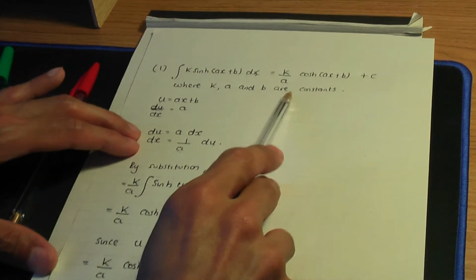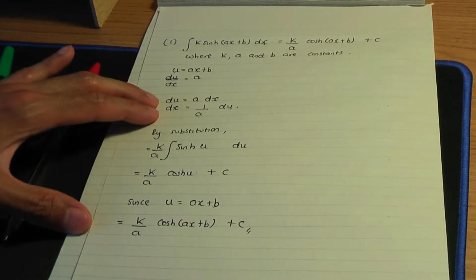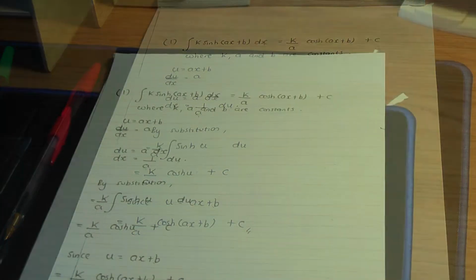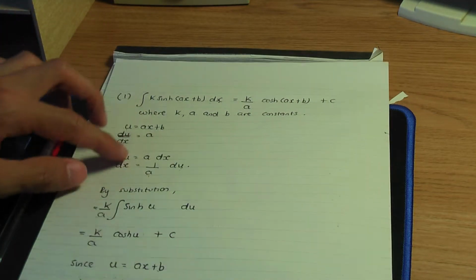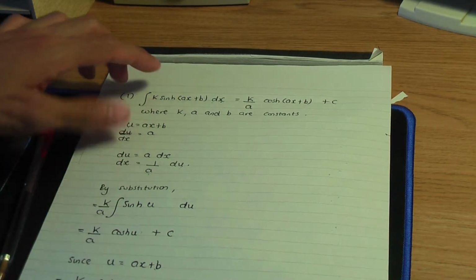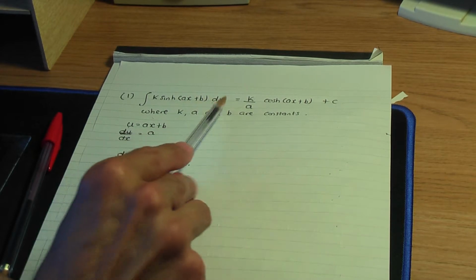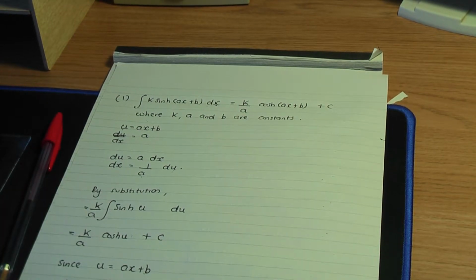So that is how that result comes about using substitution. I'm not going to prove the remaining results using substitution, I'm just going to quote them. But in order to prove them, remember, these are the steps. You need to use substitution and take u to be ax plus b, and go through the method of substitution in order to get those results.